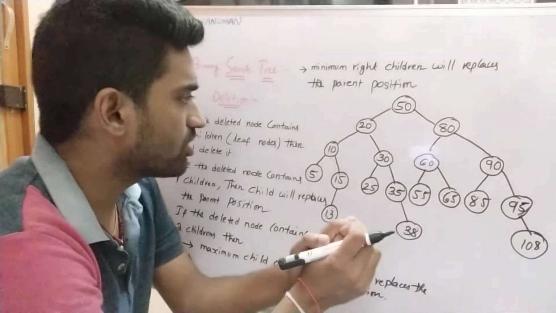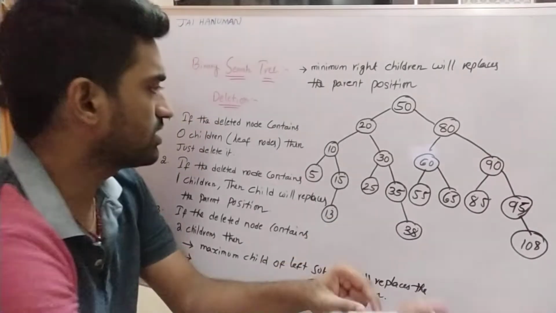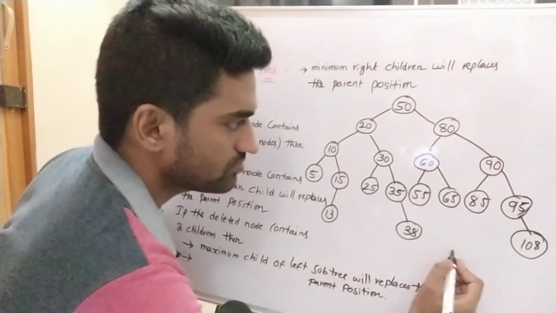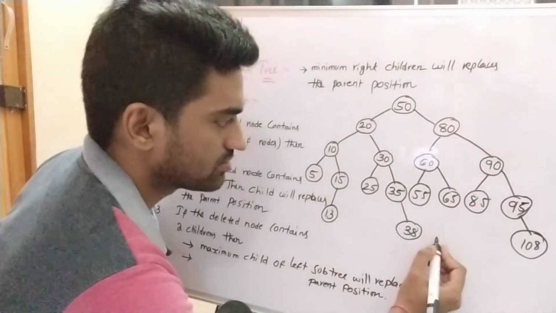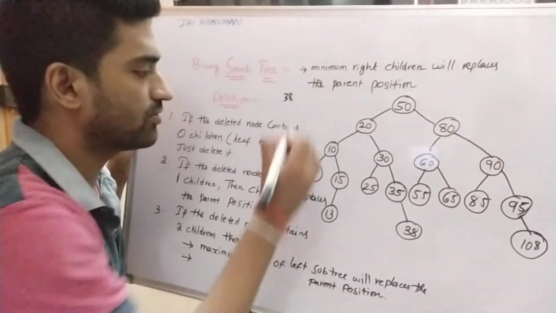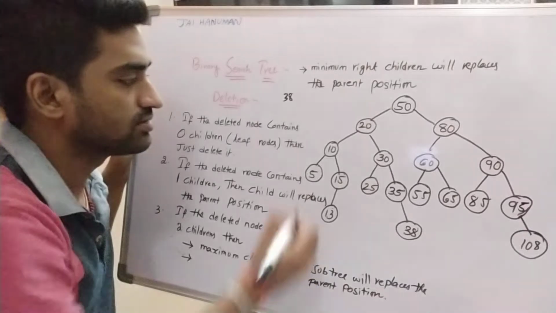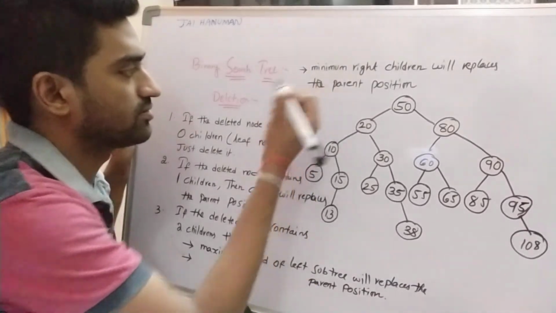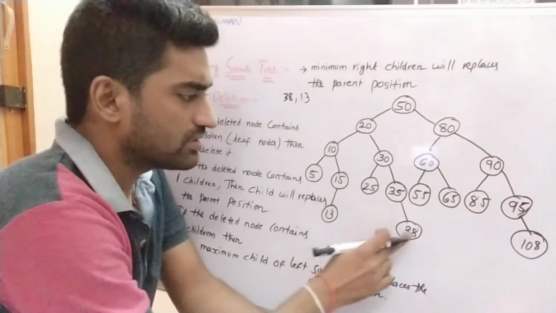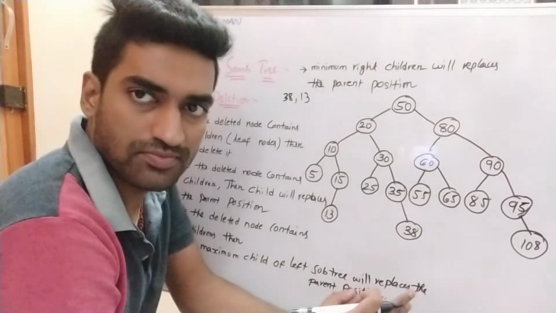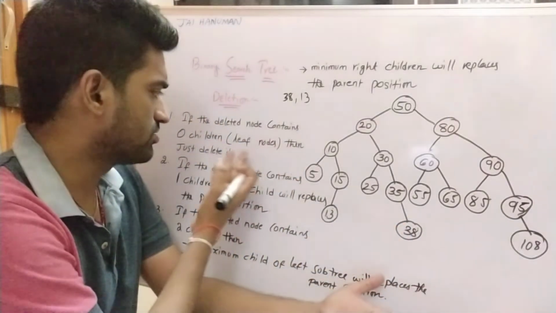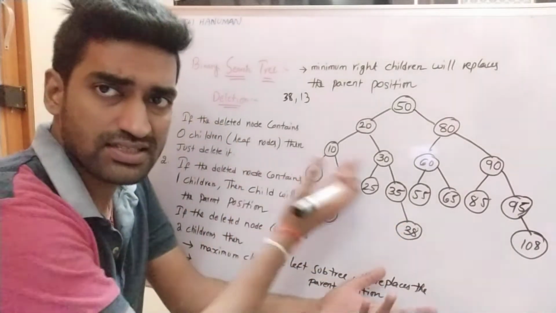Here I want to perform the deletion operation. Suppose I want to delete 38. 38 does not contain any children, so there is no need to apply any changes on the binary search tree.